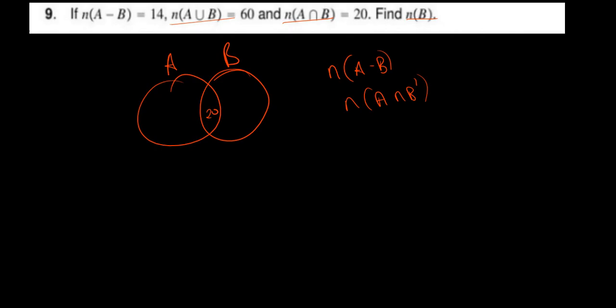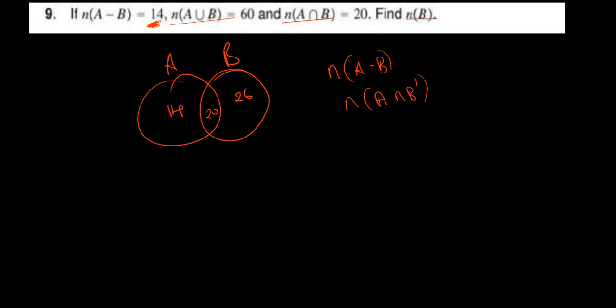So those numbers should be 14. So in short, this one you exclude when listing. You just put from A because you don't want it to be seen in B. You remove that from B. So that's what you do. Then you put 26 there.